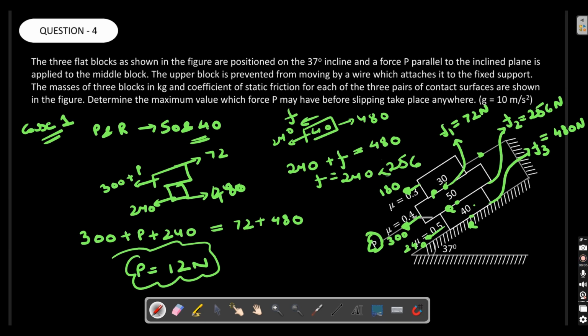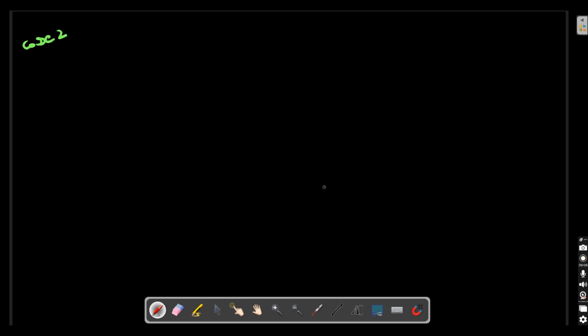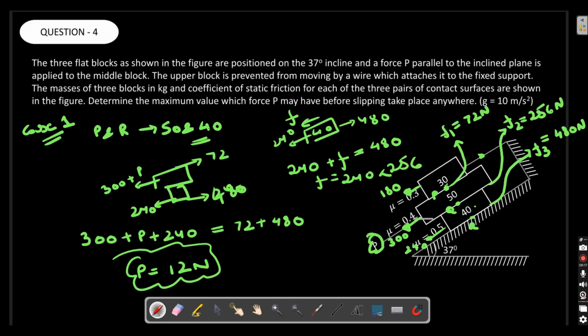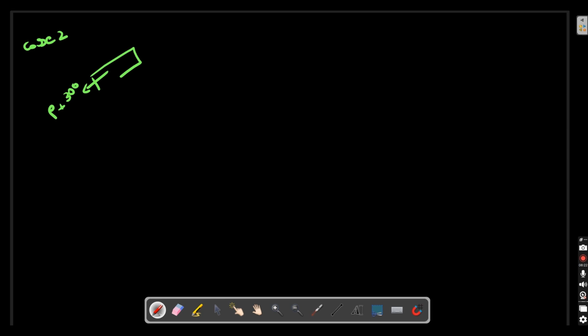Now let's assume that the student has tried the next case. He's saying that there is slipping at two places, and only this block is moving in this way. So how can we do this? Case 2. Now this is the 50 kg block. We have P plus 300. Due to the upper block you will have 72 Newton friction, and due to the lower block you will have how much? 256 Newton.